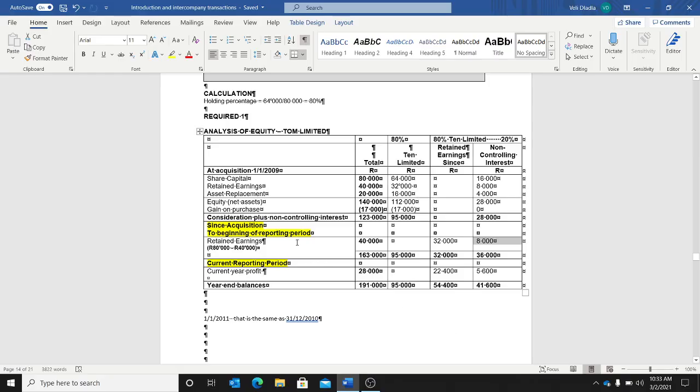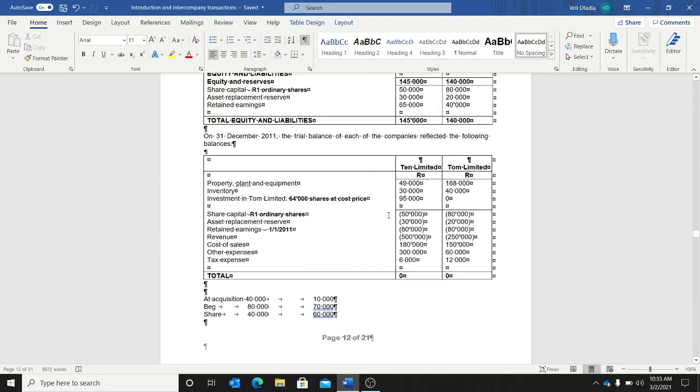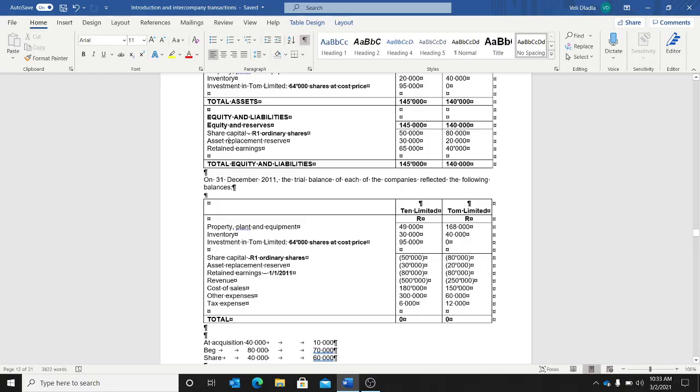Now, guys, just a word of advice: let's take asset replacement in this exercise. You see, asset replacement is 20 here. If asset replacement here, for example, was 50, you see there's a difference now. I started at 20 when I was alone, but by now, when I'm sharing with you, we're sitting at 50, but we can only share 30,000 because the 20 belongs to me already.